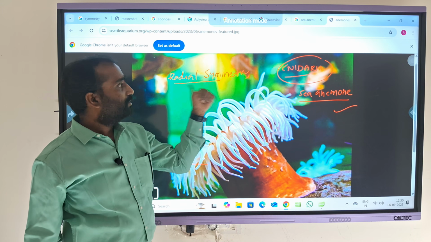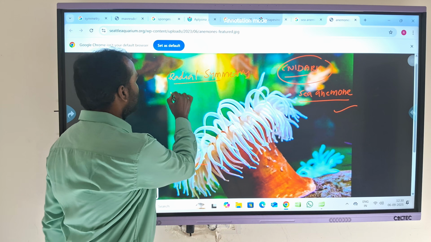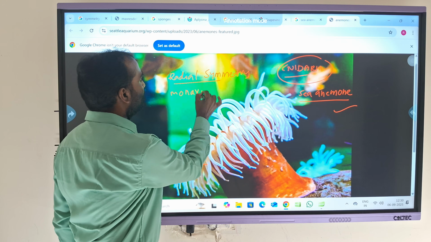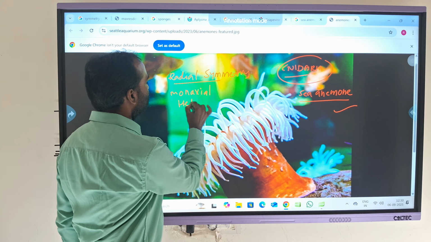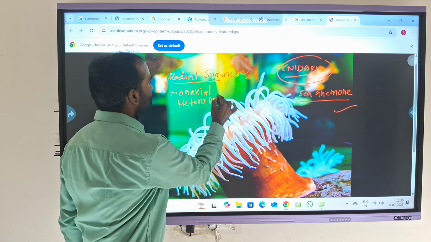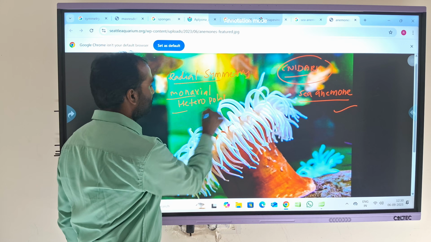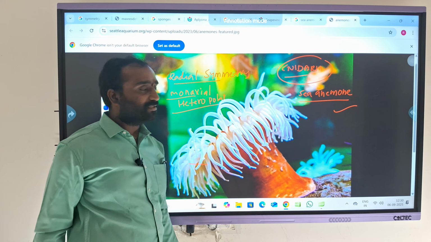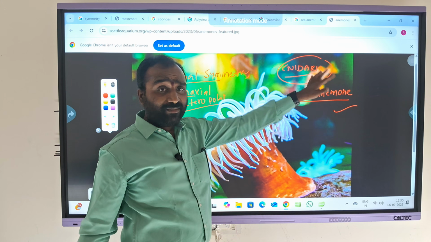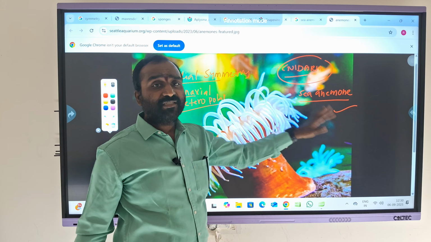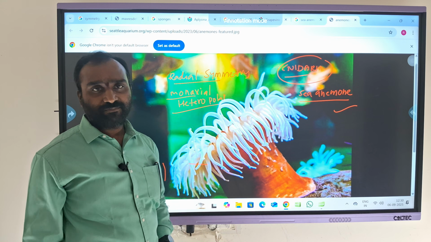The symmetry is radial symmetry. It is also called monaxial heteropolar symmetry. Monaxial, single axis, many planes are obtained from this. And example, the phylum is Cnidaria, and the sea anemone is the animal.